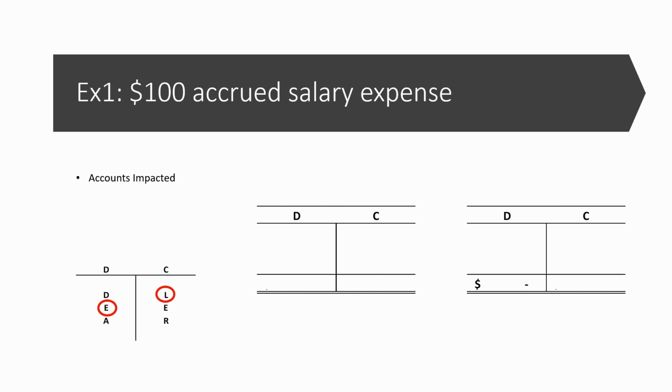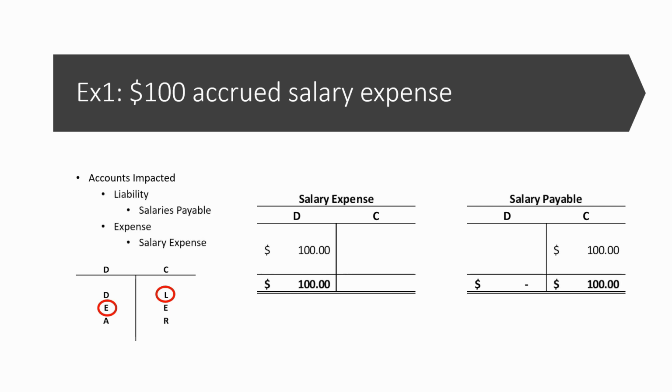Salaries expense is increased by $100. Salaries payable is also increased by $100. Referencing DC Dealer, expense accounts are increased by a debit entry. Conversely, liability accounts are increased by a credit entry. Because of this, we know that we have to debit salary expense by $100 and credit salaries payable by $100.